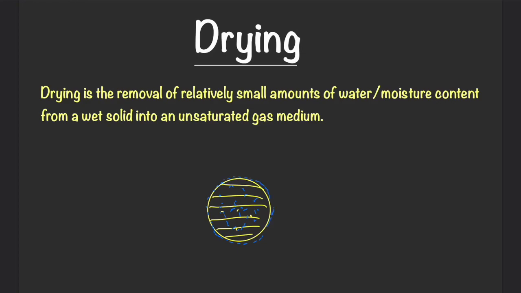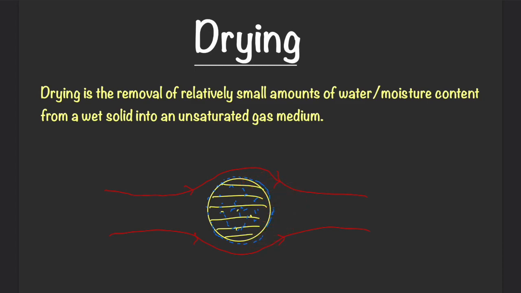In almost all drying operations, we pass unsaturated air through this, so that the moisture content, inside the wet solid or on its surface, will move to the air.